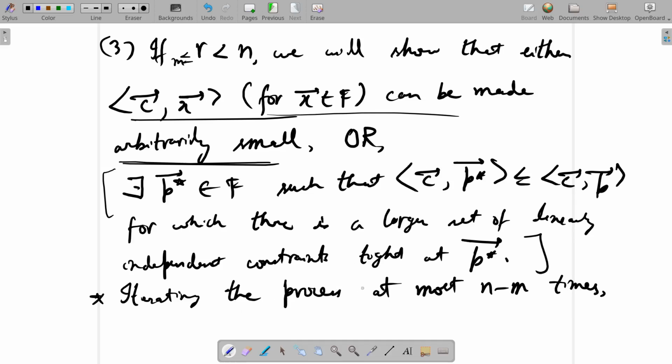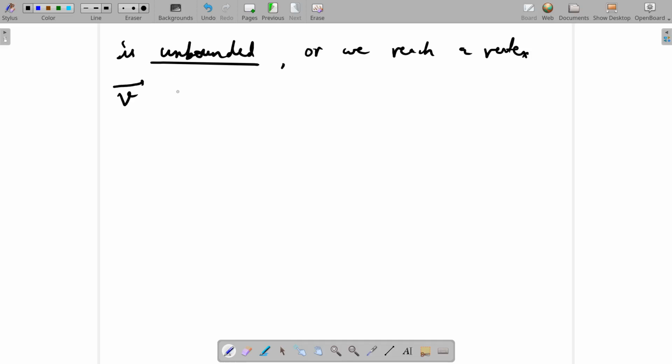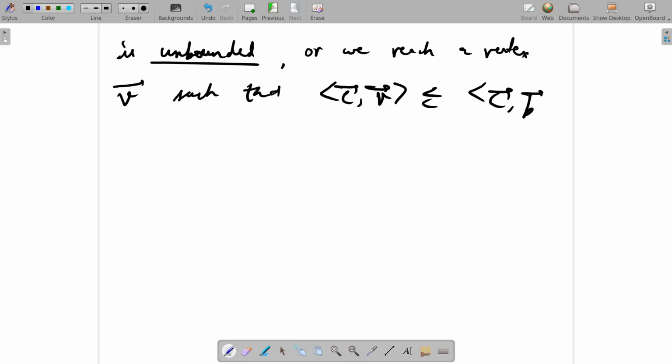Alright, so iterating the process at most n minus m times, we either find a proof that the cost is unbounded, or we reach a vertex V such that C dot V is less than or equal to C dot P. I mean, you'll have P, then P star, then P star star, whatever, and at each level this cost function is reducing.